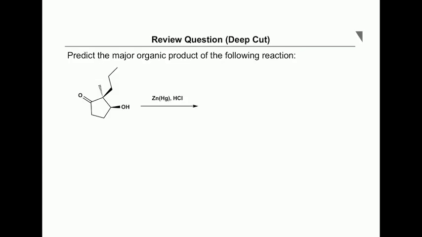So, your Greek question. This is a deep cut. What happens to this material if you treat it with zinc, mercury, HCl? Yeah, sounds familiar, right?